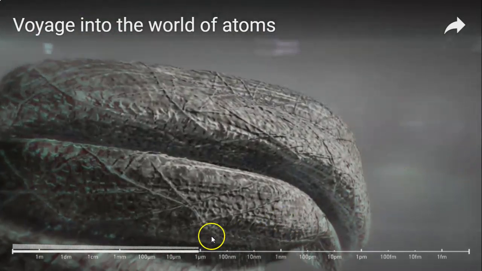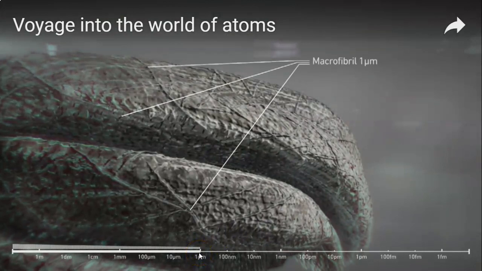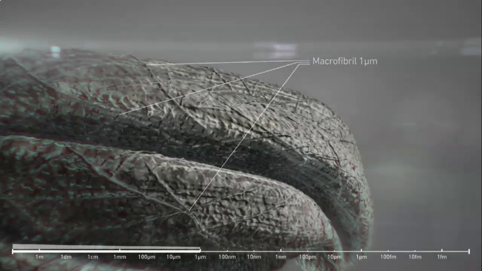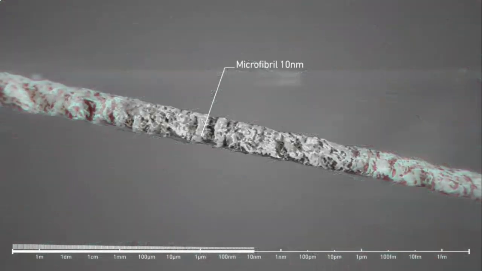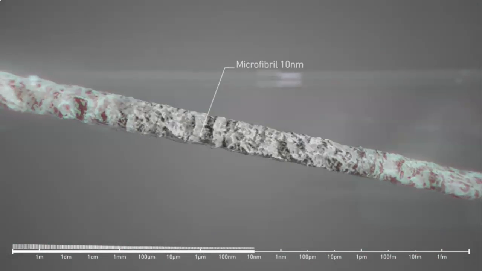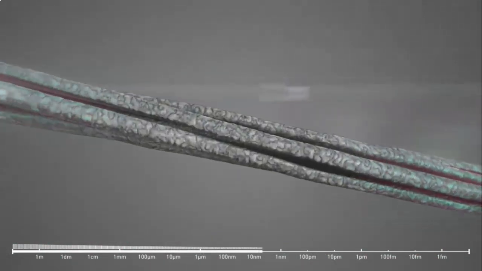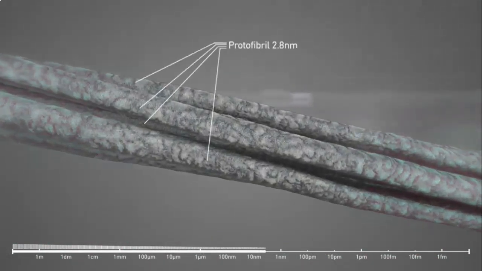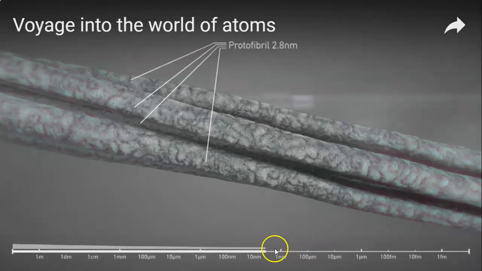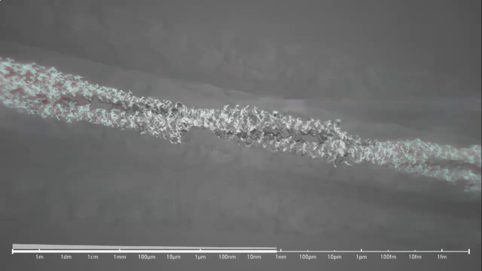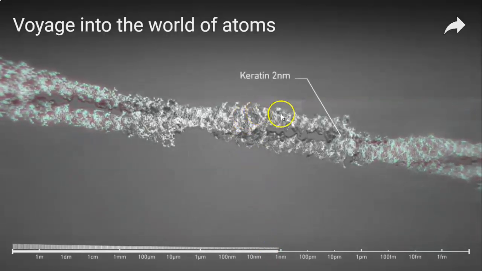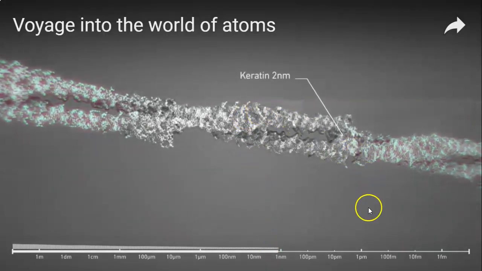Then we get 10 times closer, and you're starting to get to some of the large molecules. Molecules are made of atoms or elements. 10 times smaller, you're getting a better look at the molecule. Now we get a little closer look at the molecule, 10 times smaller, and pretty soon we'll see the elements. Now we're starting to see the parts of the molecule, the atoms, the elements.